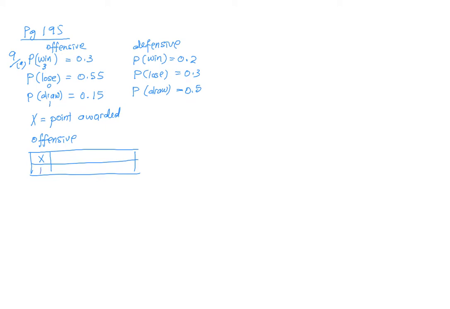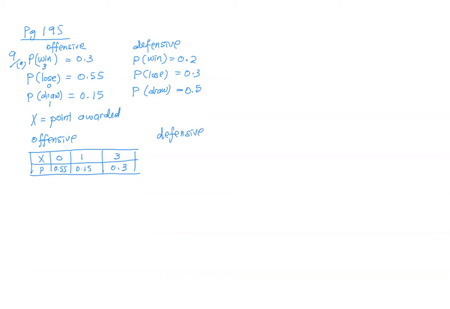So how do you do it? This is a probability. We start with the smaller one, then we write down the probability. Then you key into the calculator, and you get the expected number of points per game. You find the mean. So this is for the offensive. For the defensive, you also write down the table.